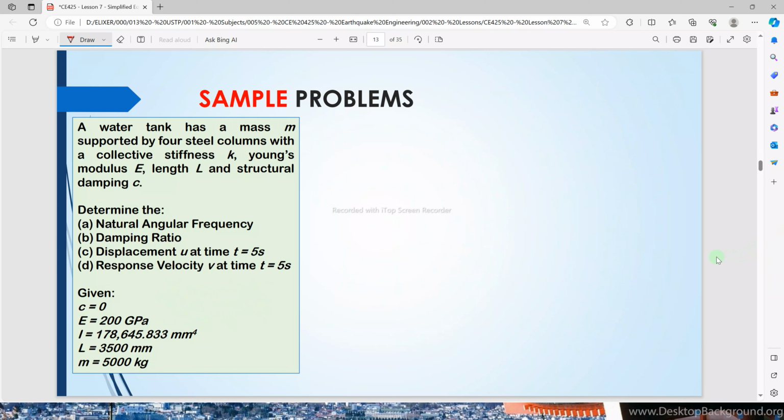So again, u is equal to alpha cosine omega t plus beta sine omega t.